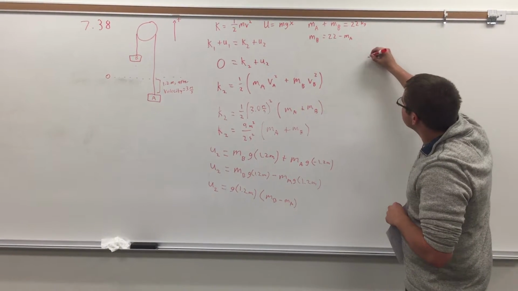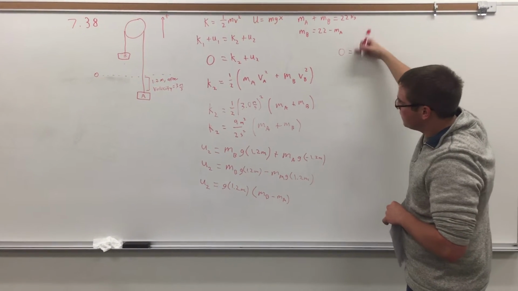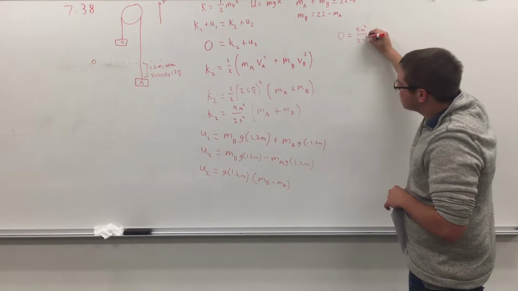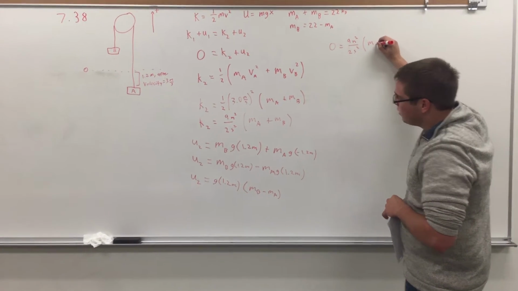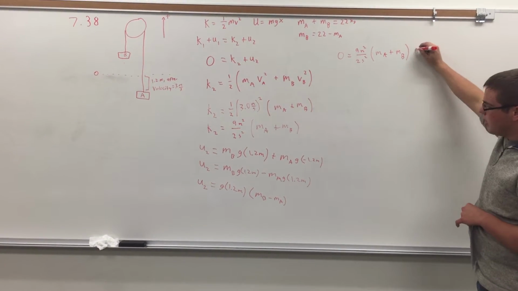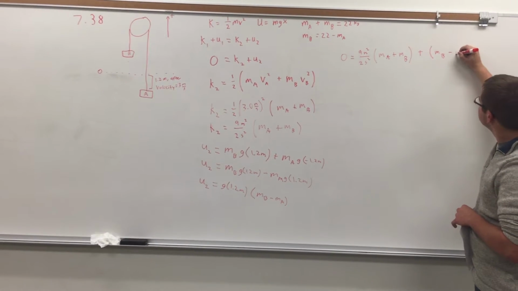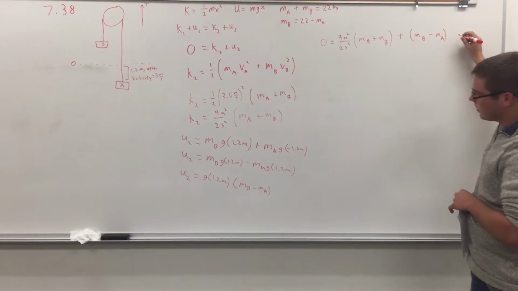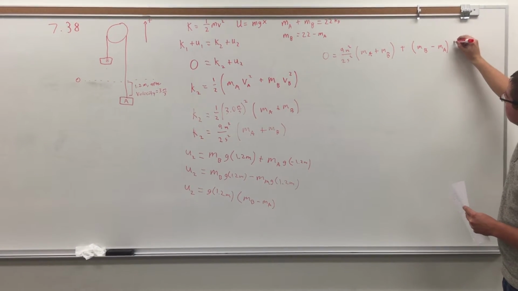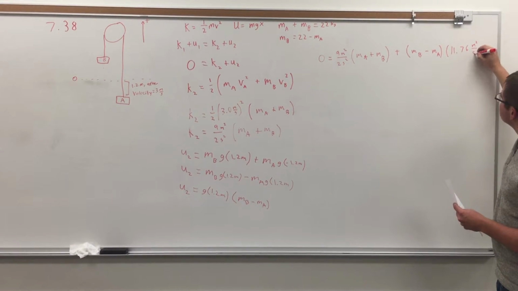So now we're going to take these values and plug them into this equation here. So we're going to get 0 equals 9 meters squared over 2 seconds squared times the mass of A plus the mass of B, and that's going to be plus the mass of B minus the mass of A times G times 1.2, and G is 9.8, so this is going to work out to be 11.76 meters squared over seconds squared.